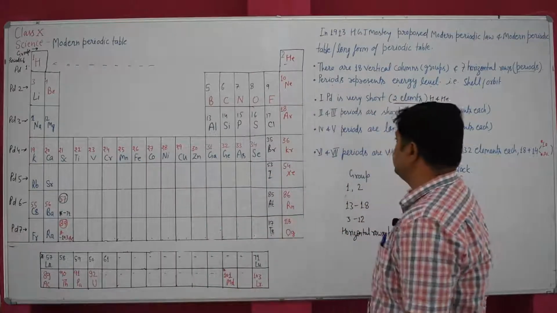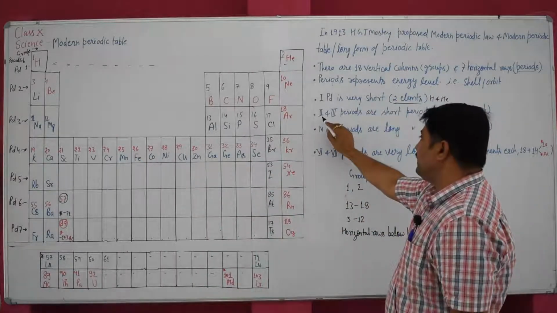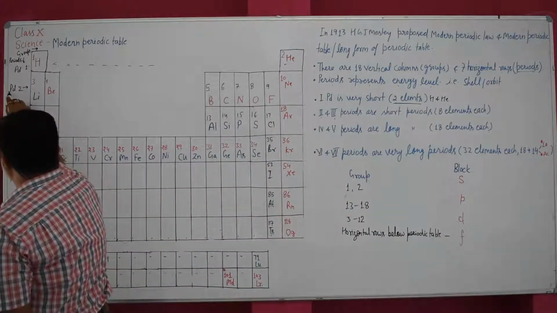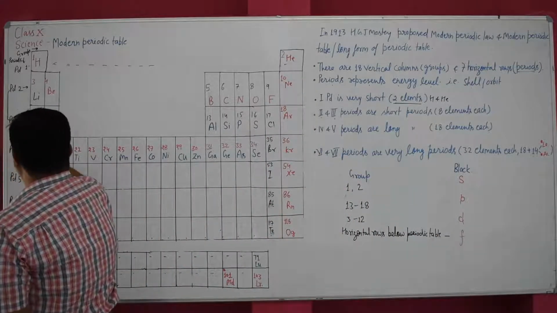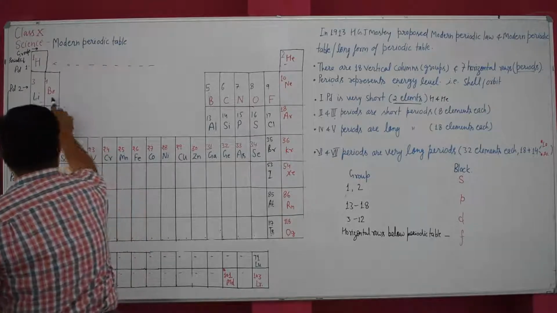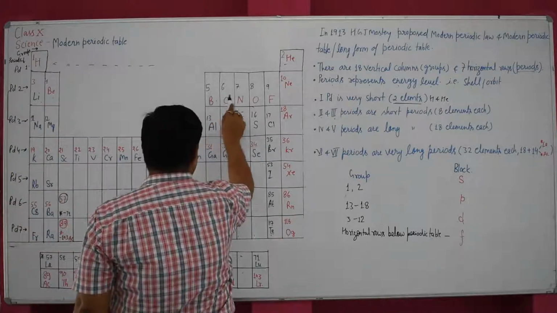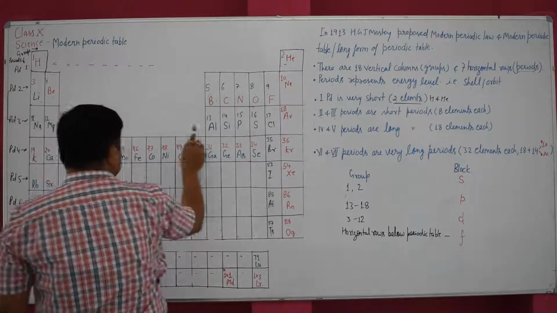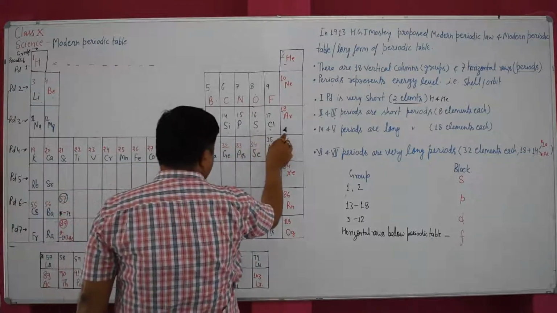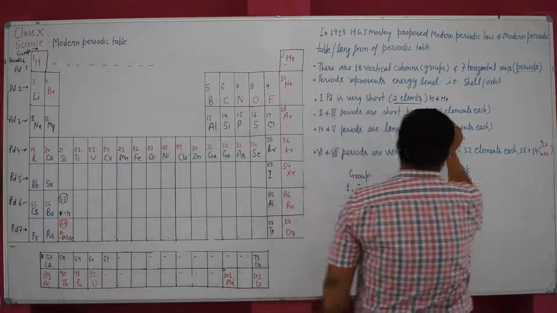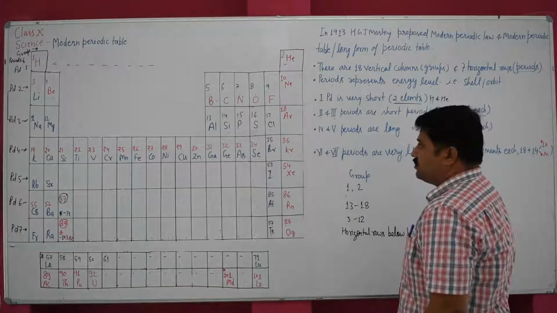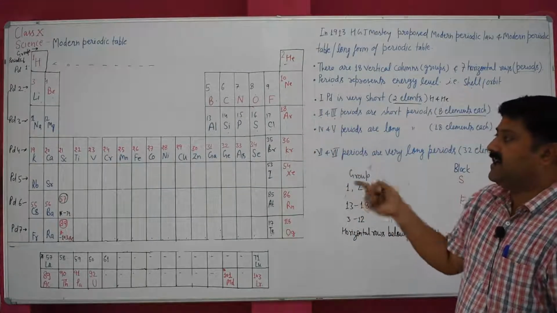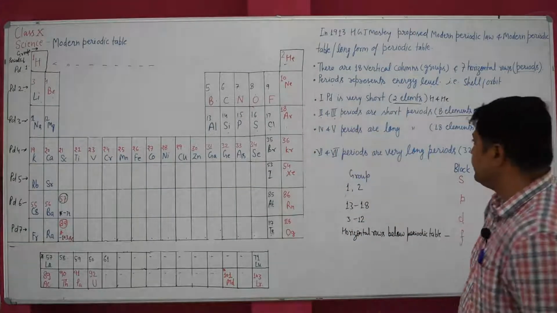Only 2 elements. Next, period number 2 and period number 3 have 1 2 3 4 5 6 7 8 elements each, which means there are 8 elements in period number 2 and 8 elements in period number 3.